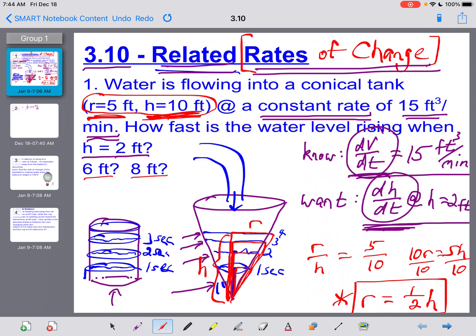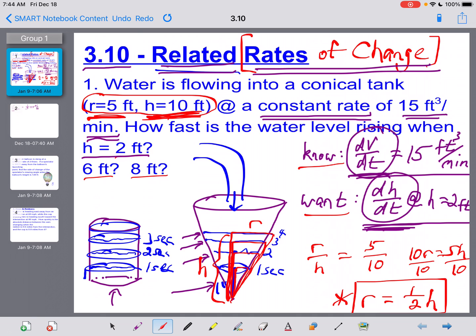And I can't say this plainly enough. You cannot get a related rate problem correct unless, in a problem like this, you correctly establish the relationship between the two variables so that you can get rid of the one that you don't know and you don't want, and that would be R here. So no matter how much water is in the tank, the radius of the circle of water that we see on the top is always going to be 1/2 the depth or the height of that water.